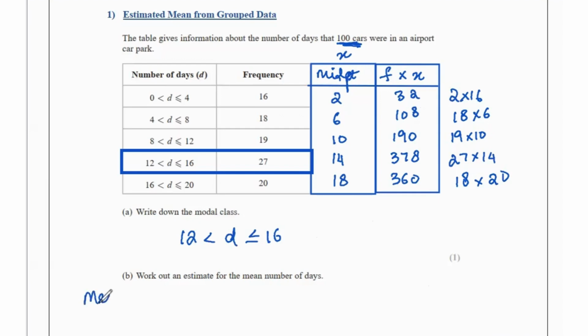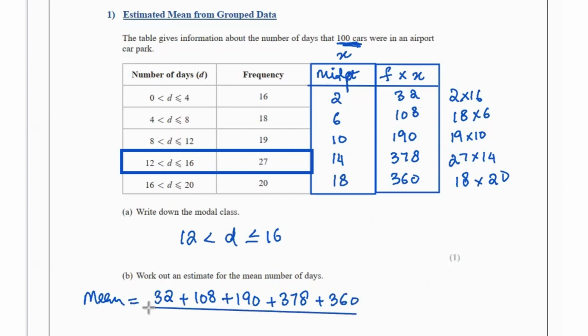So the mean is going to be 32 plus 108 plus 190 plus 378 plus 360, and then all of this gets divided by the total number of cars, which is 100. So that's going to give us the value of 10.68.